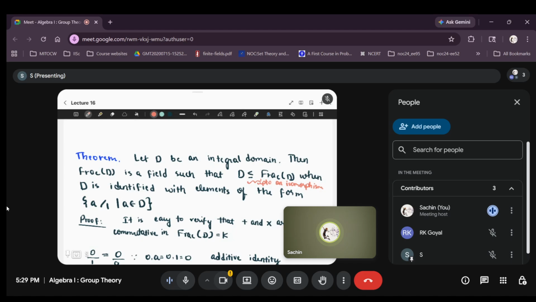So 4 by 2, 2 by 1, 6 by 3 are all the same thing. They're all contained in the same equivalence class. Whereas 2 is simply one integer. It's not an equivalence class. Nevertheless, you can associate 2 with the equivalence class 2 by 1. Then, in that sense, all the integers are contained within the set of rational numbers.